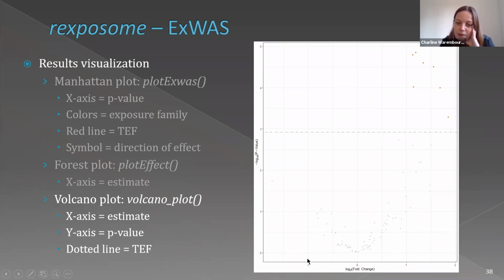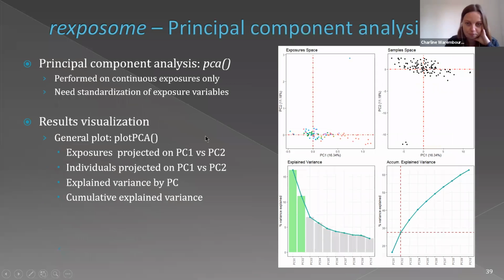So you have here the coefficient and here the p-value. And this line is also the threshold after correction for multiple testing. So you can see, I did not put the name, sorry, but we can do it, this variable crosses the corrected p-value threshold.